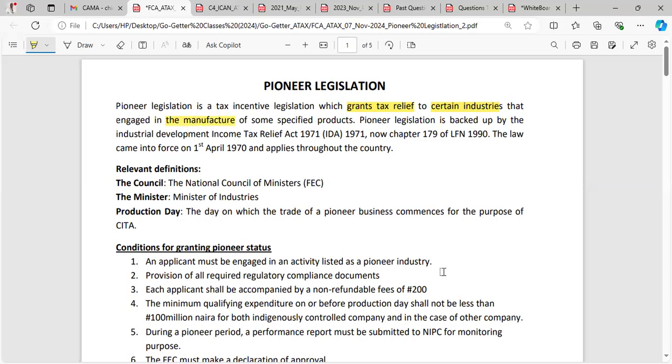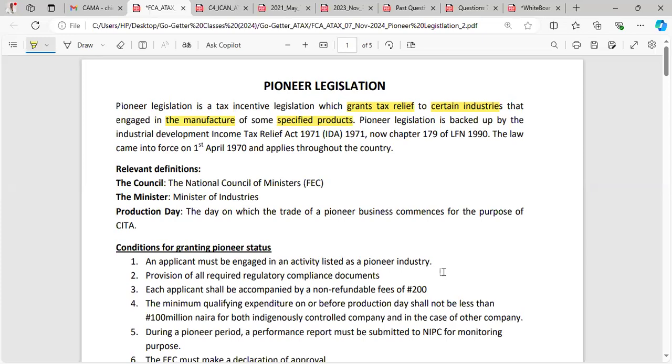So there are manufacturing industries that are granted this pioneer legislation, and they are manufacturing specified products. It could also be a service industry that is providing specified services. But mostly here, we talk about the manufacturing company.